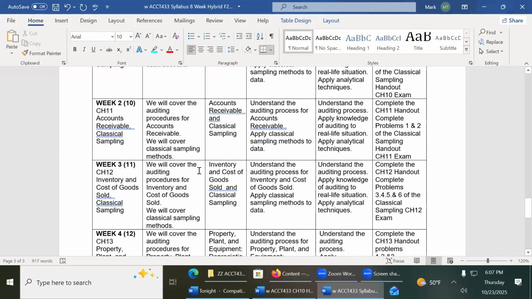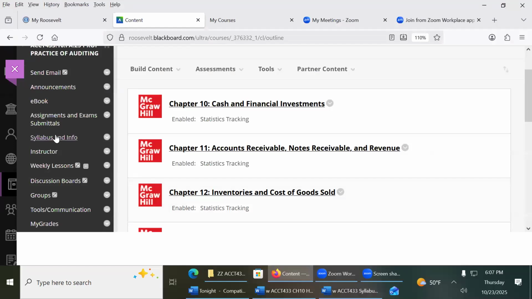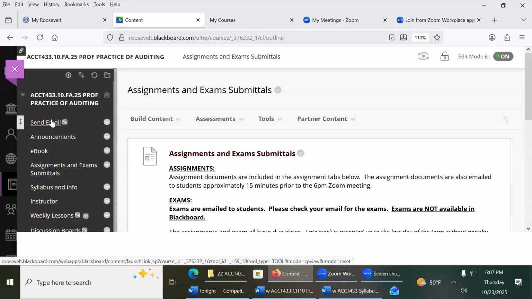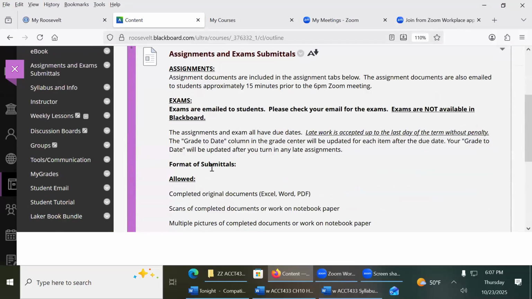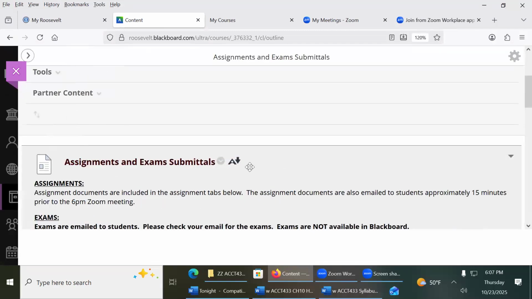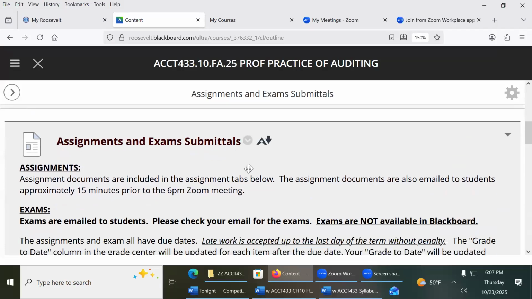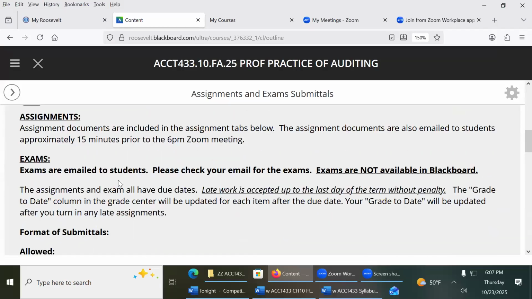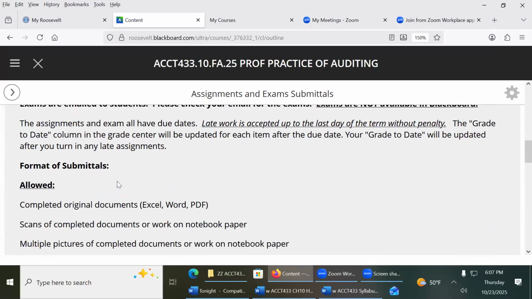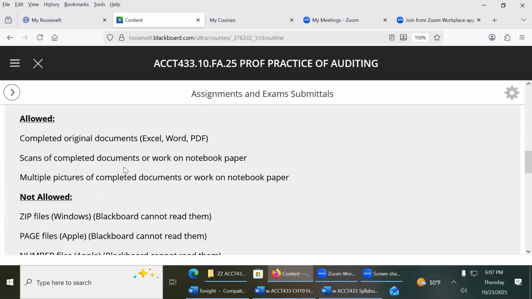All right. Let me go to turning in work, assignments and exams. There's a big, lengthy section in here about submitting the assignments and exams. They're all submitted in Blackboard. People in class, you can turn them in to me physically if you want.